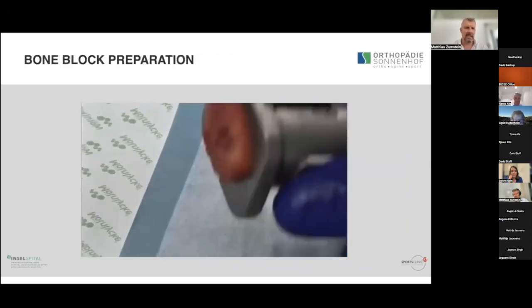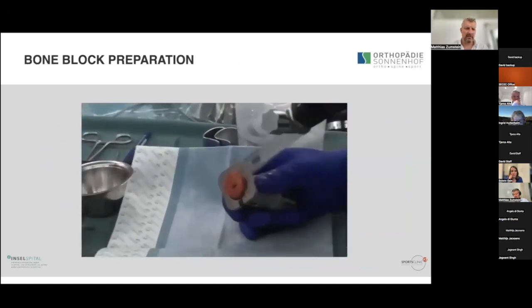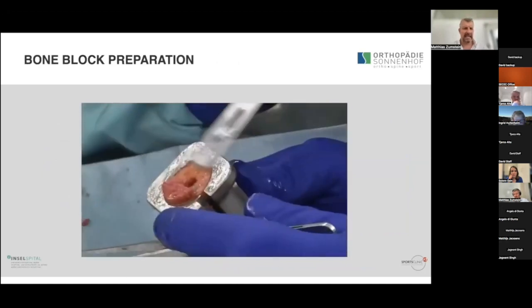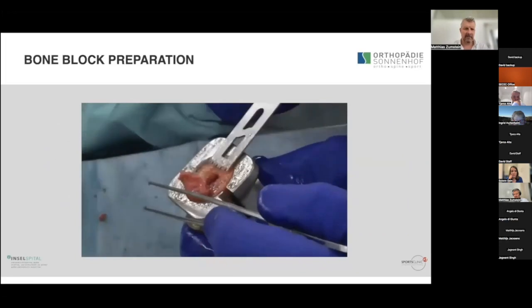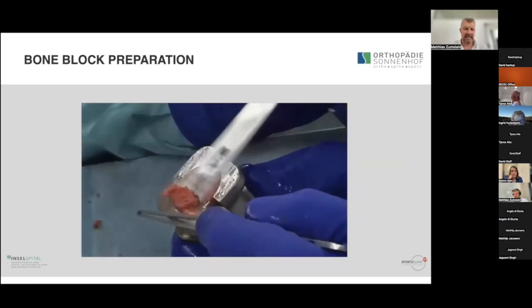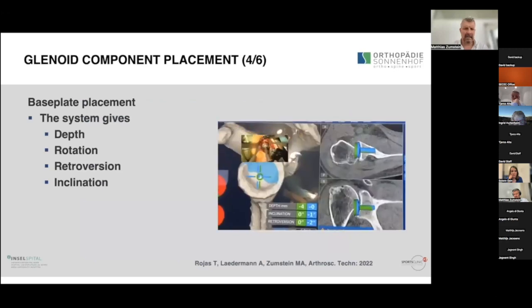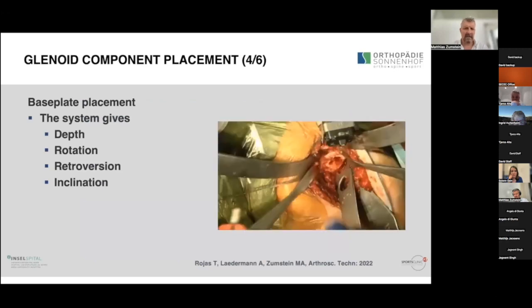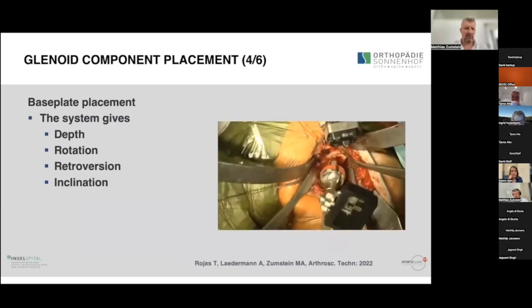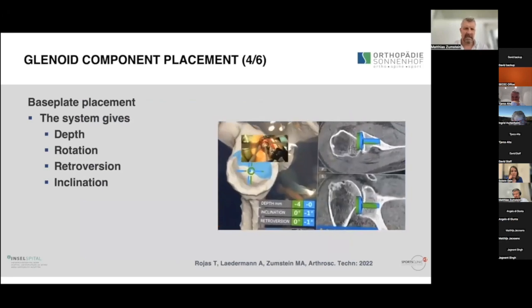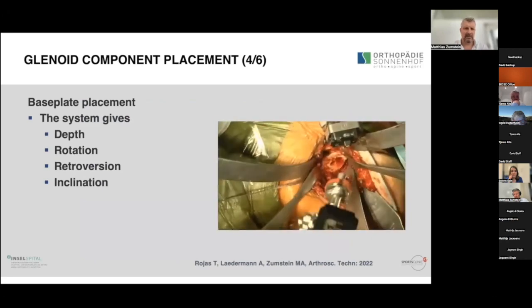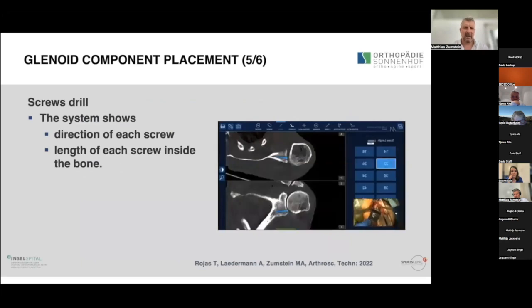Then you prepare your bone block, as we already heard, with this instrument, so that it precisely matches the preoperative medial lateralized anatomy. And then you implant the bone block with the glenosphere. And again, you have control of your depth, rotation, retroversion, and inclination compared to the preoperative planning.